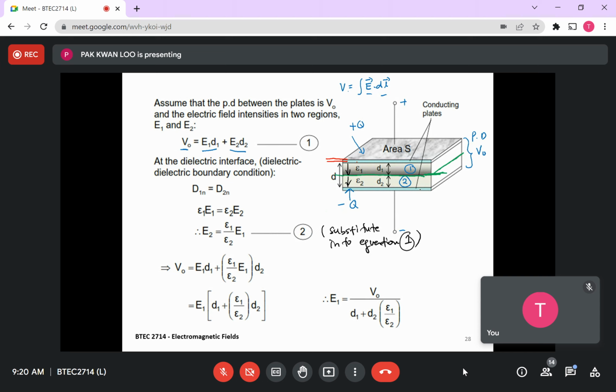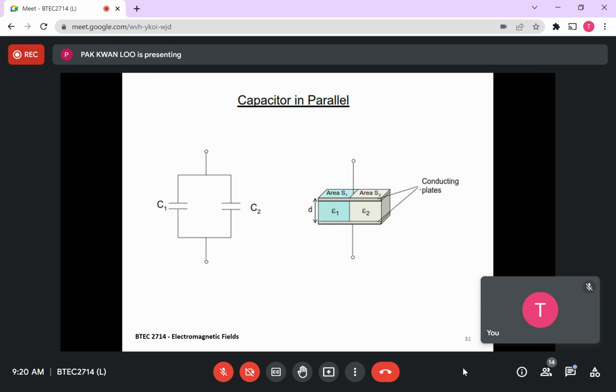If you compare the arrangement of the dielectric material, one is stacked on top of another. However, this one is side by side. So this is comparable to capacitances connected in parallel.